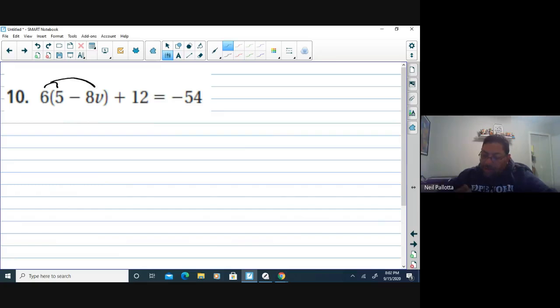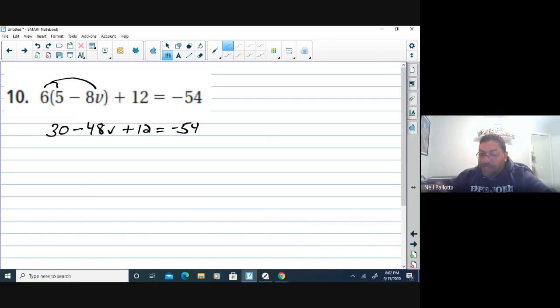One of the mistakes that I saw people making is not using multiplication. Some students were using addition. No, this is multiplication when we're using the distributive property. So 6 times 5, that's going to be 30, minus 6 times 8, that's 48v. Then we have plus 12, and that's equal to -54.